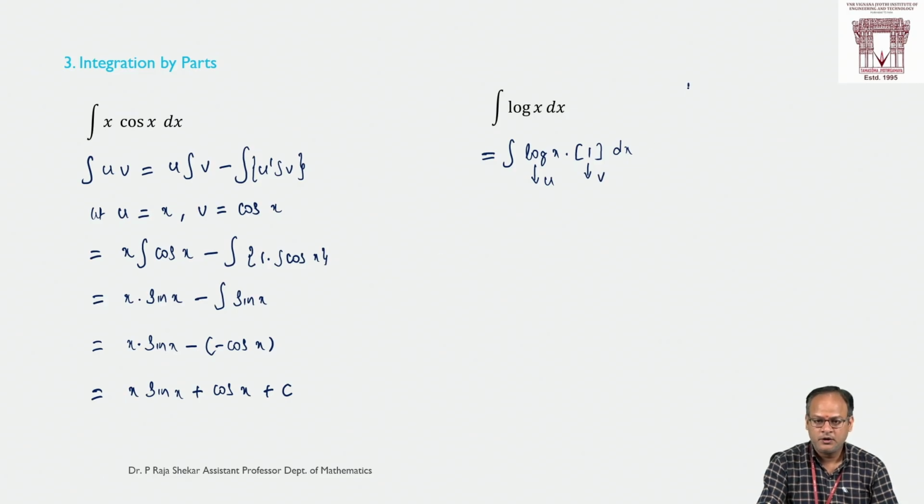Because of the rule ILATE: I stands for inverse functions, L stands for logarithmic functions, A stands for algebraic functions, T stands for trigonometric functions, E stands for exponential functions.